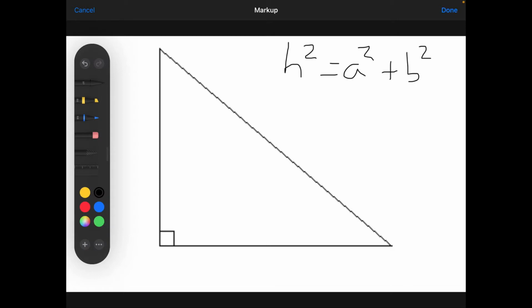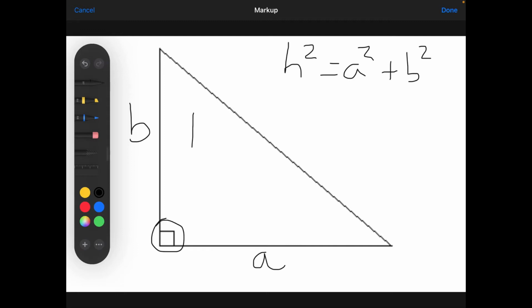A and b are the two shorter sides in a right angle triangle. So the two sides that meet at the right angle are the two shorter sides. So one is a, one is b. The side opposite the right angle is always going to be the longest one, and it's got a funky name.